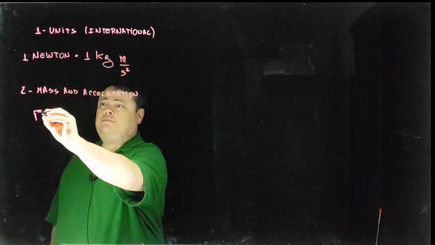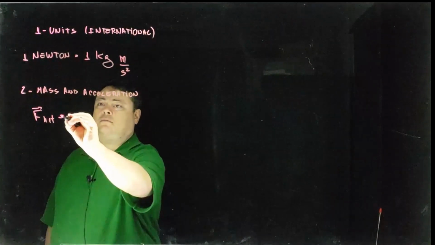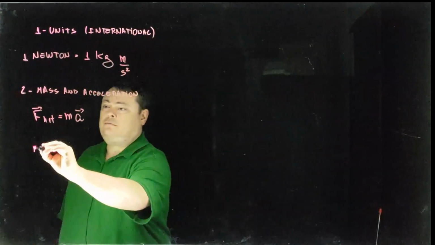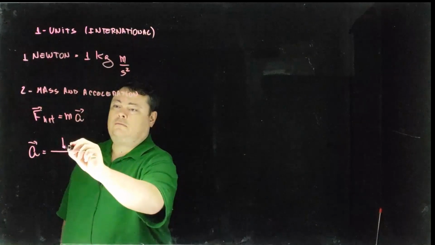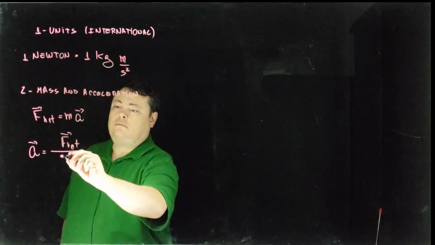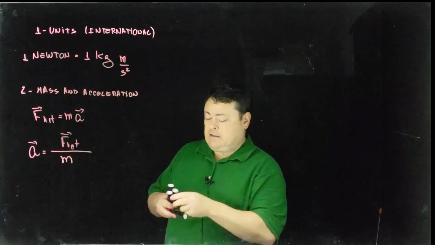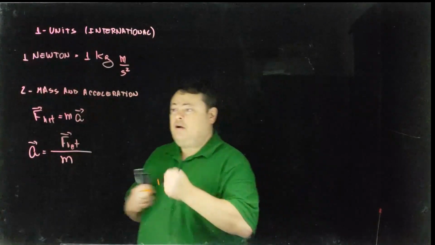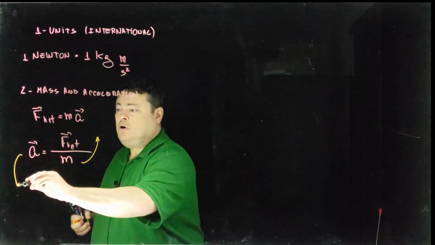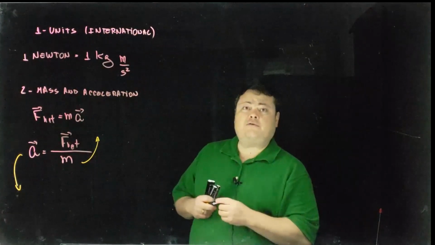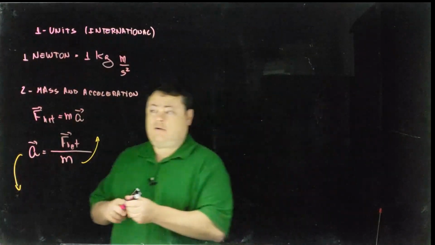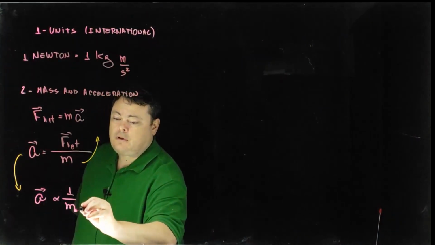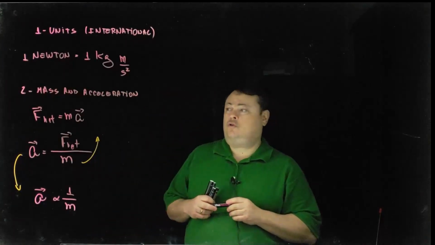If, from Newton's second law, I solve this for the acceleration, what we have is that keeping the net force the same, constant, the bigger the mass, the smaller the acceleration, and vice versa. Or that acceleration is inversely proportional to mass.